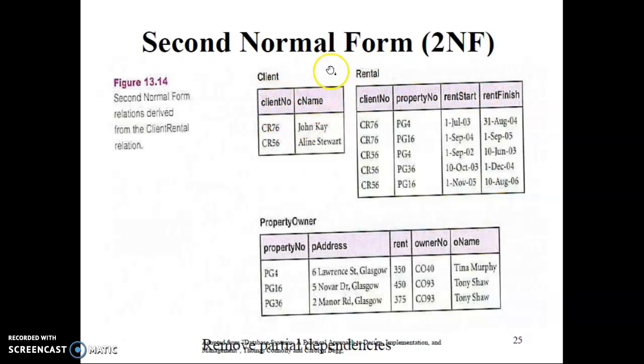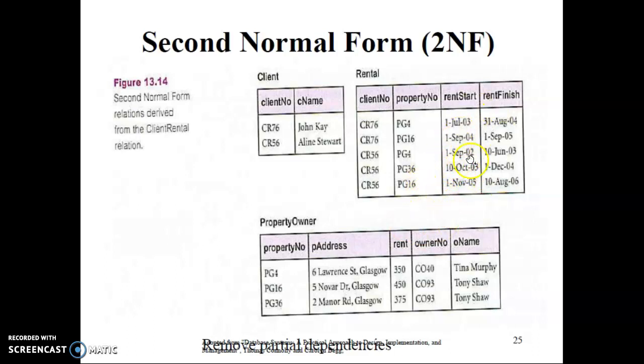And we separated the partial functional dependency which we identified, client number and CNAME, as one separate table and named it client. And the other functional dependency which we identified, P address, rent, owner number, owner name on property number, we separated as a small table and named it property owner.